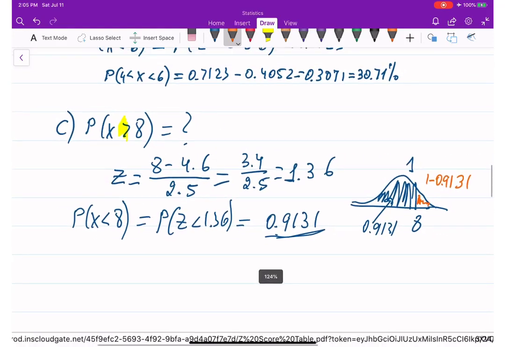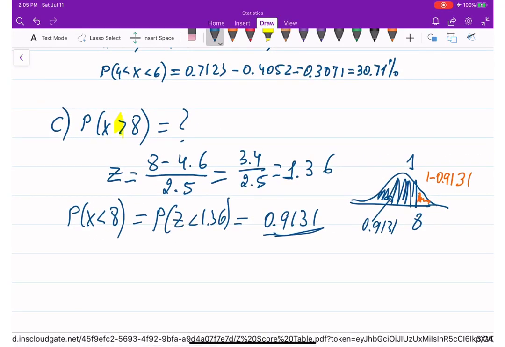So the probability of x greater than 8 is 1 minus 0.9131, and that is equal, 10 minus 1 is 9, 9 minus 3 is 6, 10 minus 1 is 9, 9 minus 9 is 0.